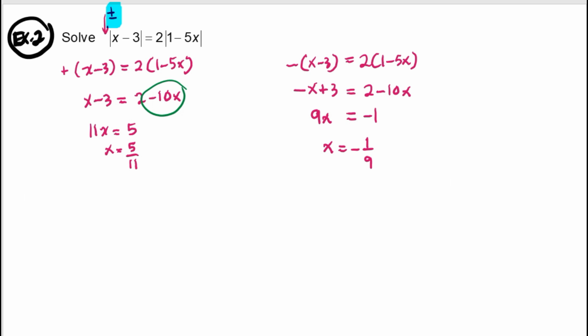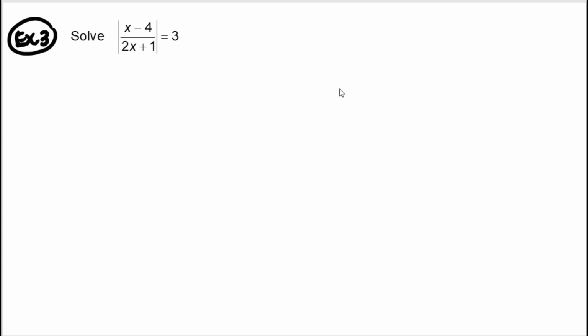Now let's go to this one. We need to solve these equations, so we put the plus minus on this side. We'll have (x minus 4) over (2x plus 1) equal to positive 3. Another one will have (x minus 4) over (2x plus 1) equal to negative 3. Then we have to solve these equations, which are just linear equations.